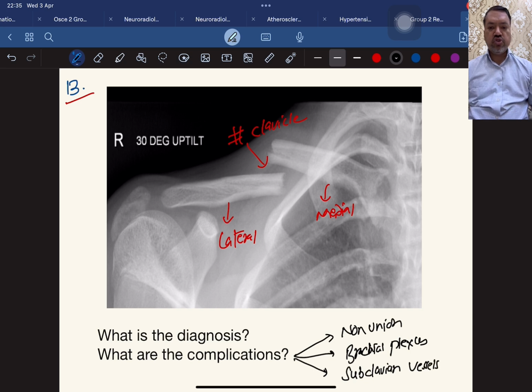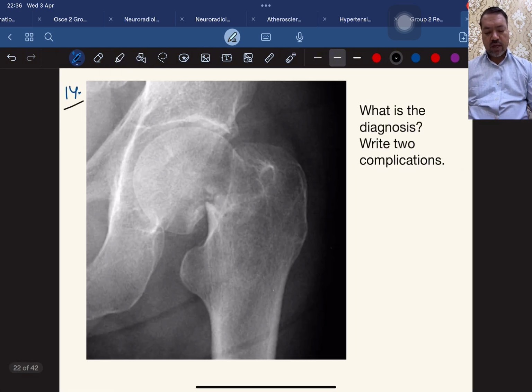So they may be injured or damaged because of this fracture. This is quite easy to say, especially if the fracture is a bit towards the medial side, there will be more chance of injury. And treatment is a figure of 8 bandage or sometimes even surgical fusion. Now let's move to the other case.